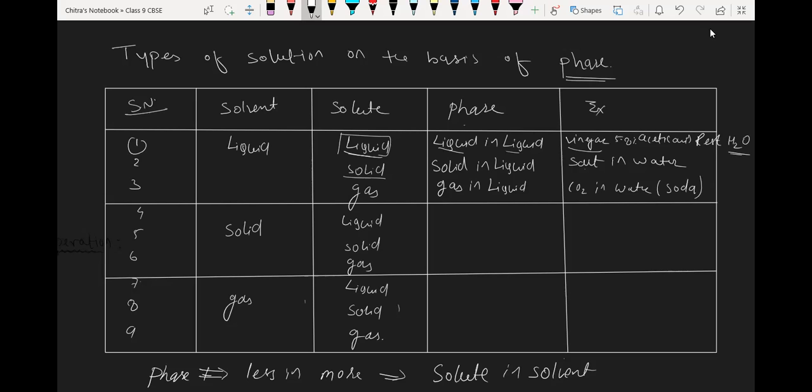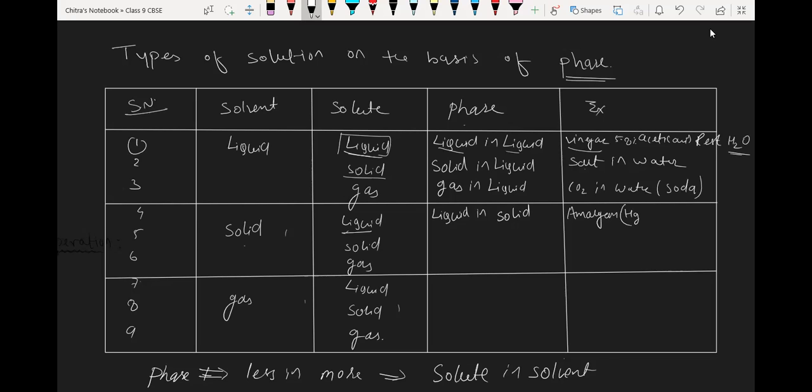Okay. So the fourth one will be liquid in solid. Fourth page will be liquid in solid. So now we have to write the example of amalgam. Amalgam is mercury, Hg, which is present in liquid state at room temperature.